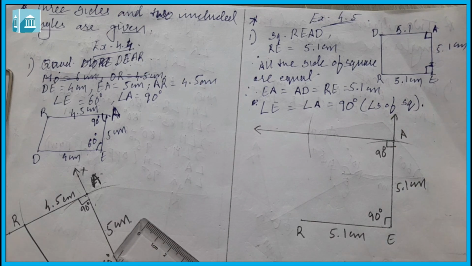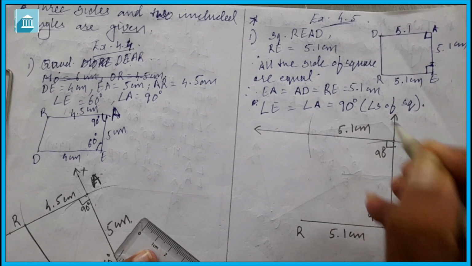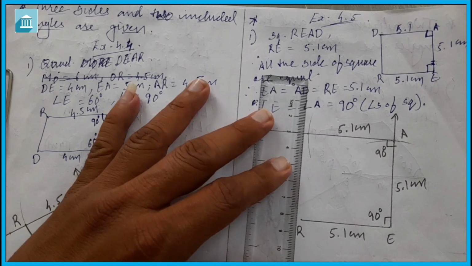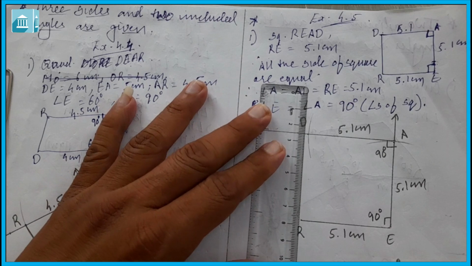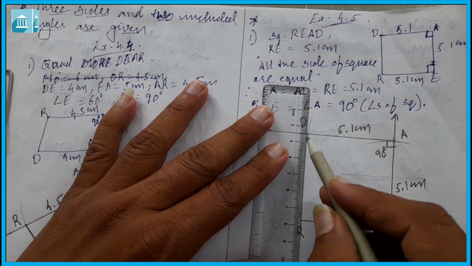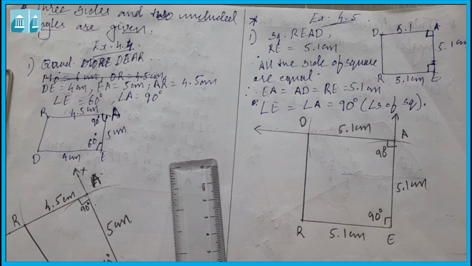So this will be 5.1 centimeter. Now this is our D, we got here D, this we can join like this. So this is our required quadrilateral READ.